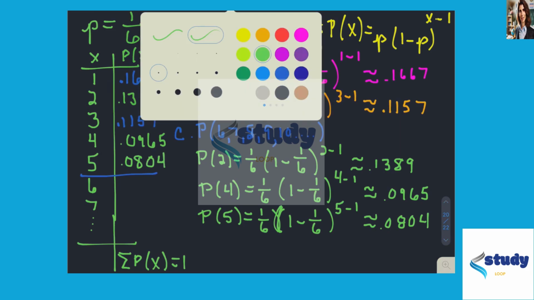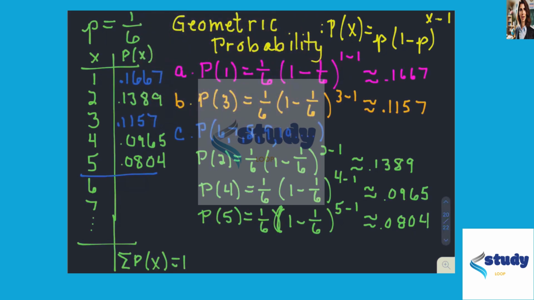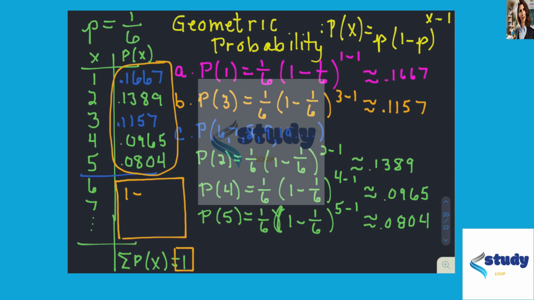So when it comes time for us to calculate the probability of winning on the 6th or the 7th or the 8th or the 9th, what we'll do is we'll take the fact that the entire chart adds up to 1, and we'll take away the sum of the probabilities from 1 through 5.